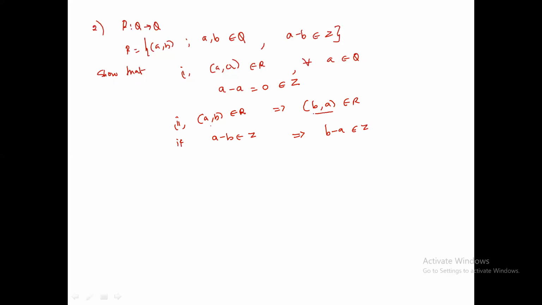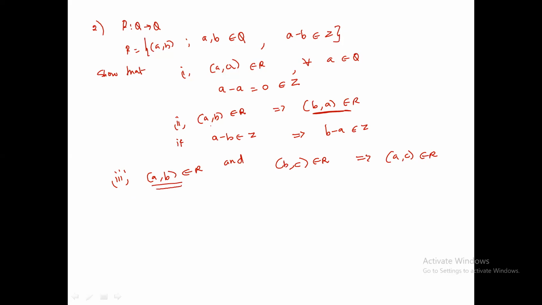So that means (b, a) belongs to R. The third one, (a, b) belongs to R and (b, c) belongs to R implies (a, c) belongs to R.